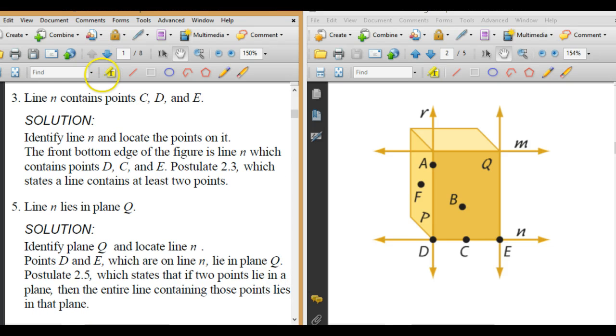Number 3 talks about line N contains points C, D, and E. So identify line N and locate the points on it.